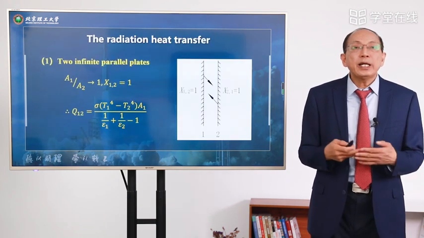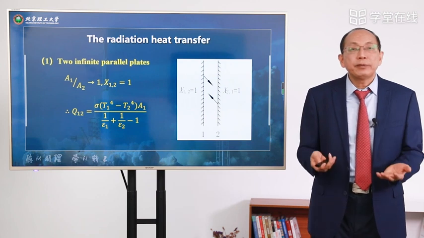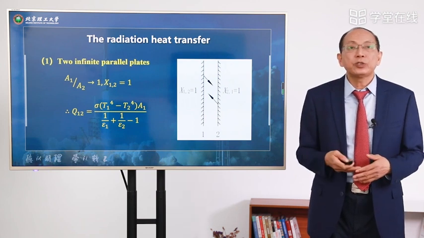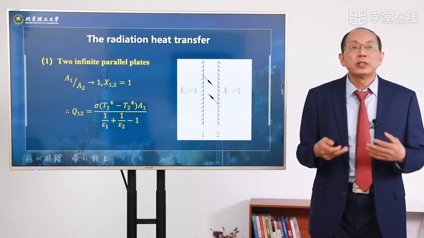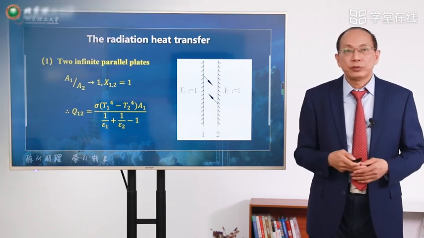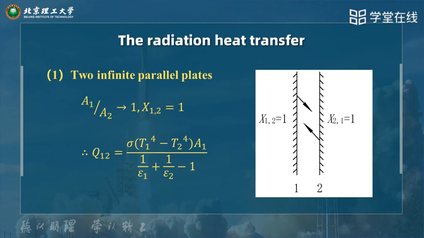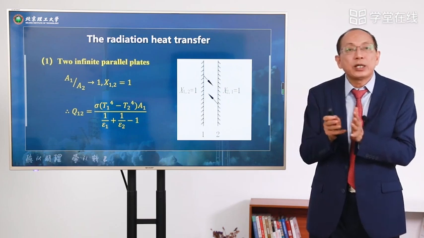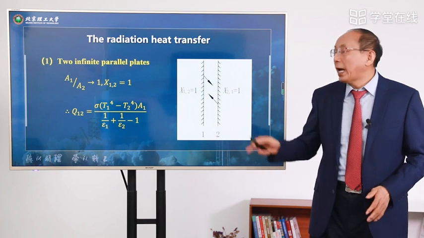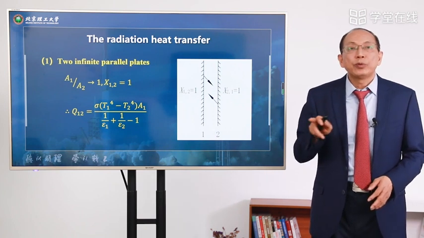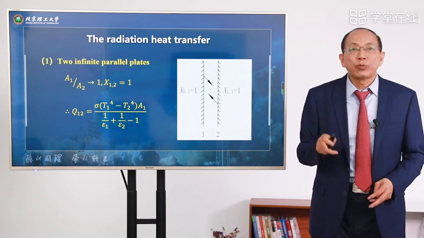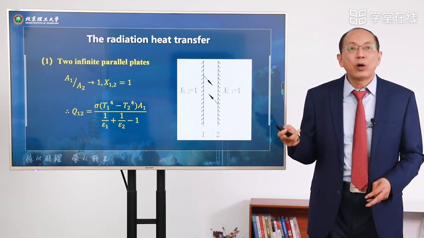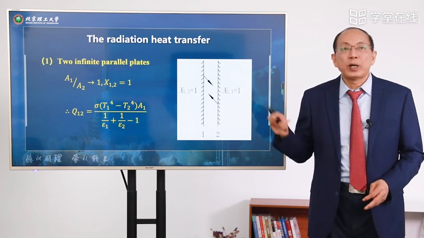Okay, radiation heat transfer is very important. In the next several pages, we will discuss several very famous examples. Example 1 is two infinite parallel plates like this. Because these plates are very close to each other, A1 over A2 is close to 1, so x1 to 2 equals 1, which also equals x2 to 1.